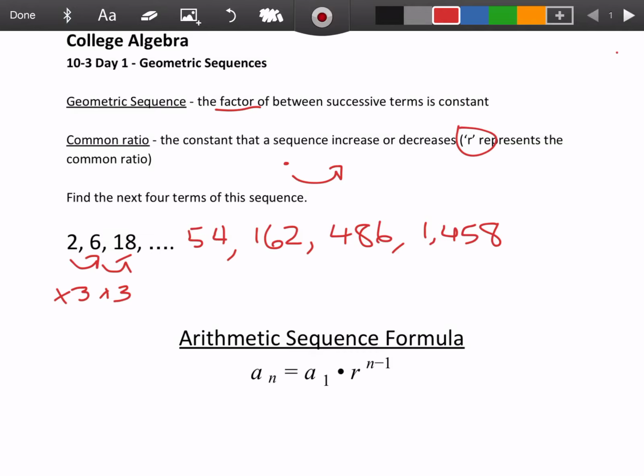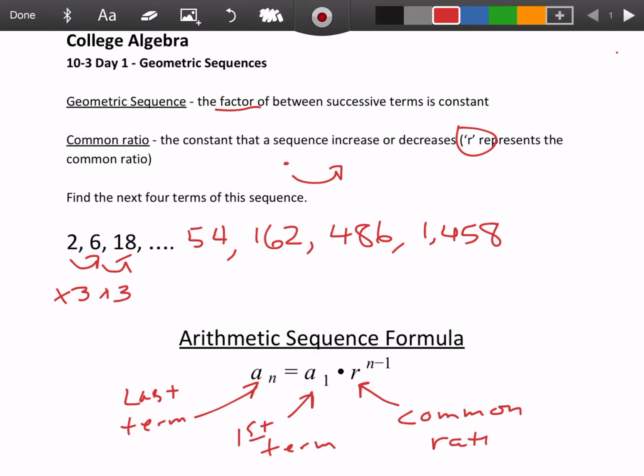There's a formula that we use, and I just want to go through what each of these variables mean. This a of n is what we're going to call our last term, or the term that we're trying to find. a of 1 is our first term. This r right here is going to be our common ratio.